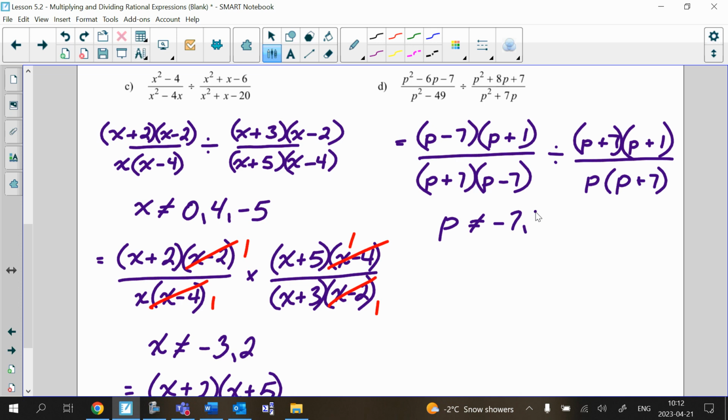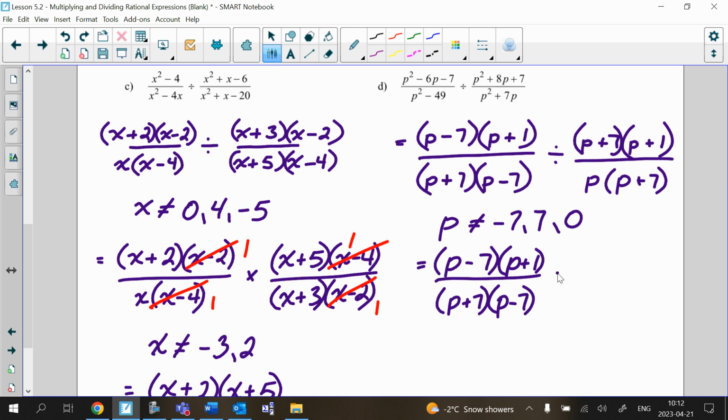I've got a new denominator, so I've possibly got to add to my NPVs. Well, I've already done negative 7 and 7, but this is new: negative 1.